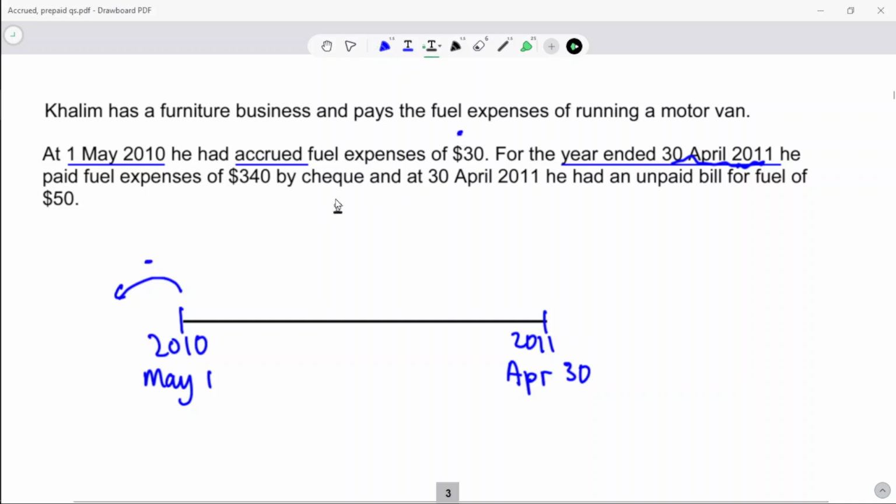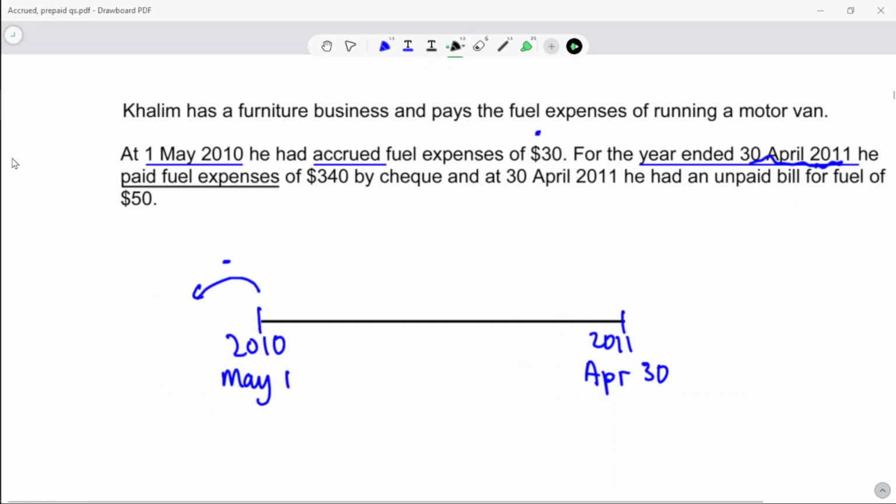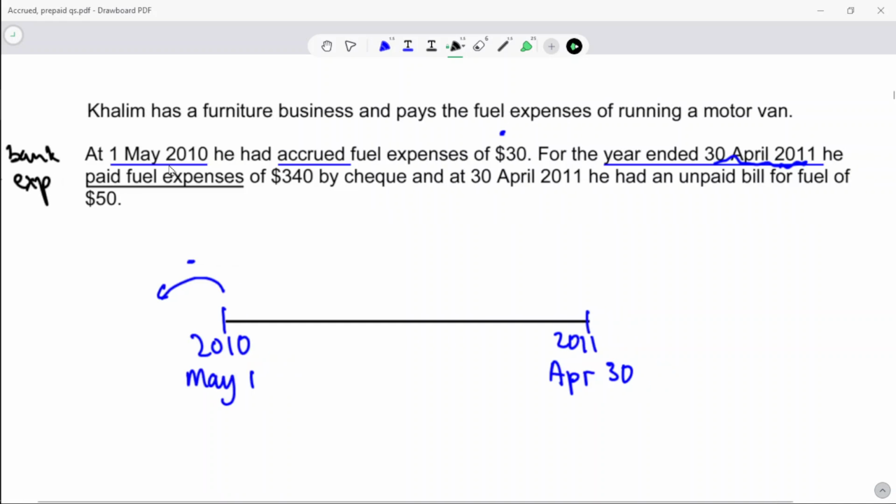Okay. Then this one, pay fuel expense, is just credit bank, debit expense.